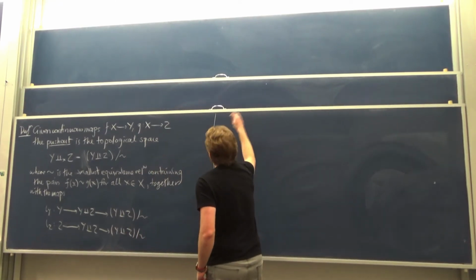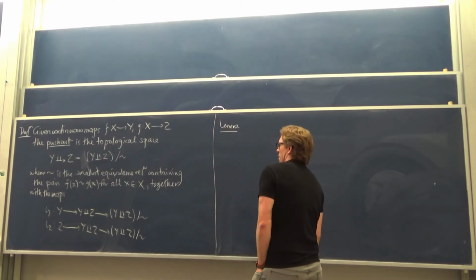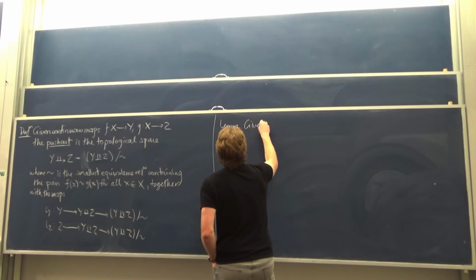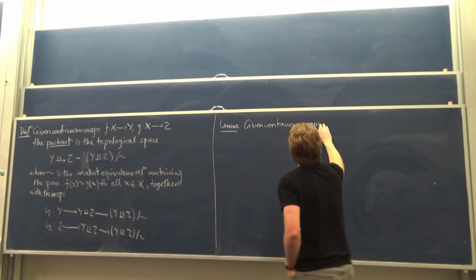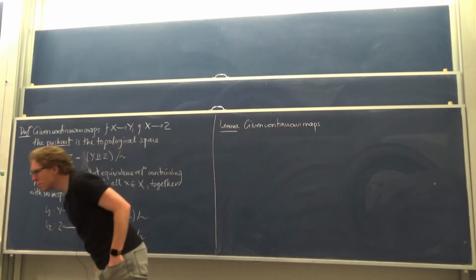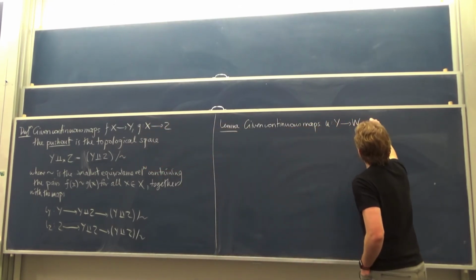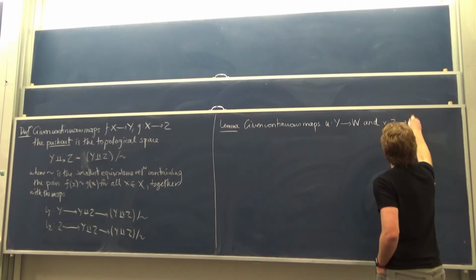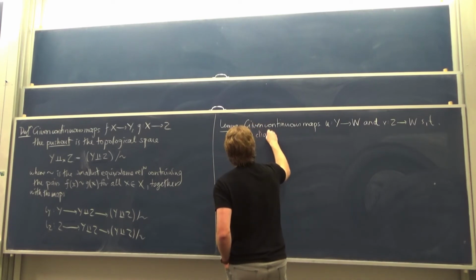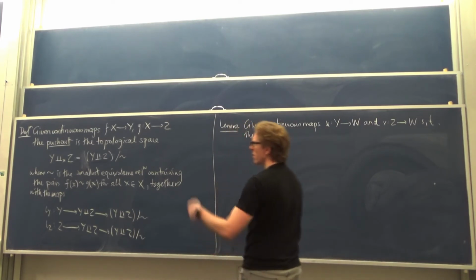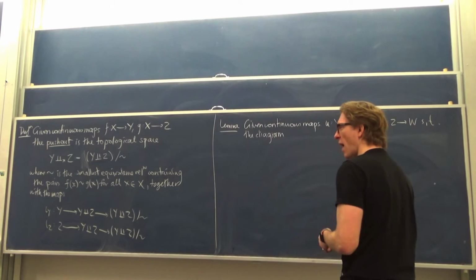So what does the pushout do? The quotient is the thing that all maps agreeing on equivalence classes factor through.